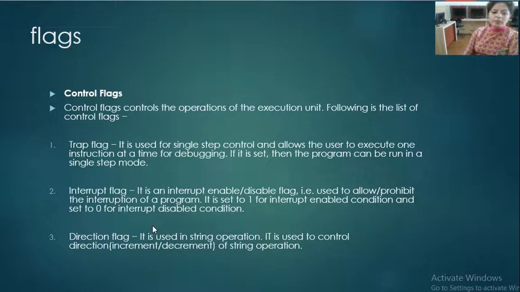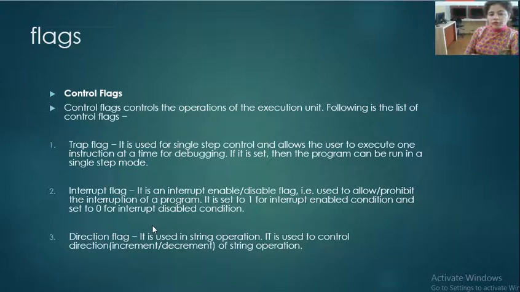So for example, if you are performing some very important task on the PC, you are giving some online exam on the PC, at that time you do not want any type of interruption. So what we can perform in the 8085 is, we can set the value of the interrupt flag to 0.